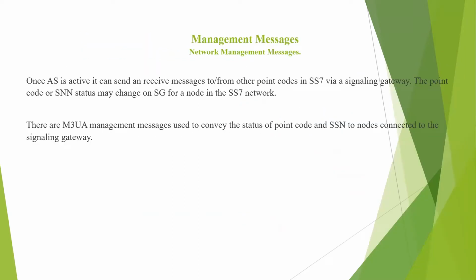We have also the network messages in certain conditions. Basically, once an application server is active, it can send or receive messages to or from other point codes in SS7 via the signaling gateway. The point code or the SSN status may change on a signaling gateway for a node in the SS7 network.